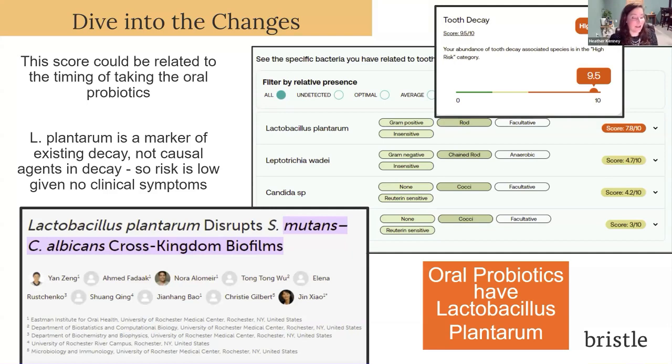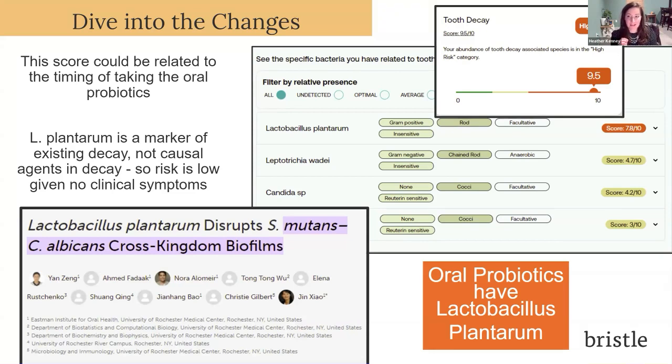So I'm going to just explain this because you're going to start seeing this if you're using oral probiotics. So Lactobacillus plantarum helps to correct and disrupt strep mutans and Candida albicans. Lactobacillus plantarum can kind of stick into a current decay issue. So there's two things that could be going on here.